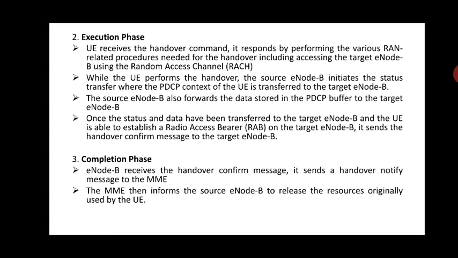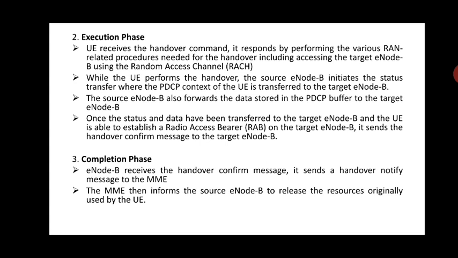Once the status and data have been transferred to the target E node B, the user equipment is able to establish a RAB, that is a radio access bearer, through the E node B, that is with the target node B. It plays a very important role for the handover messages, since the information will be transferred through the RAB.